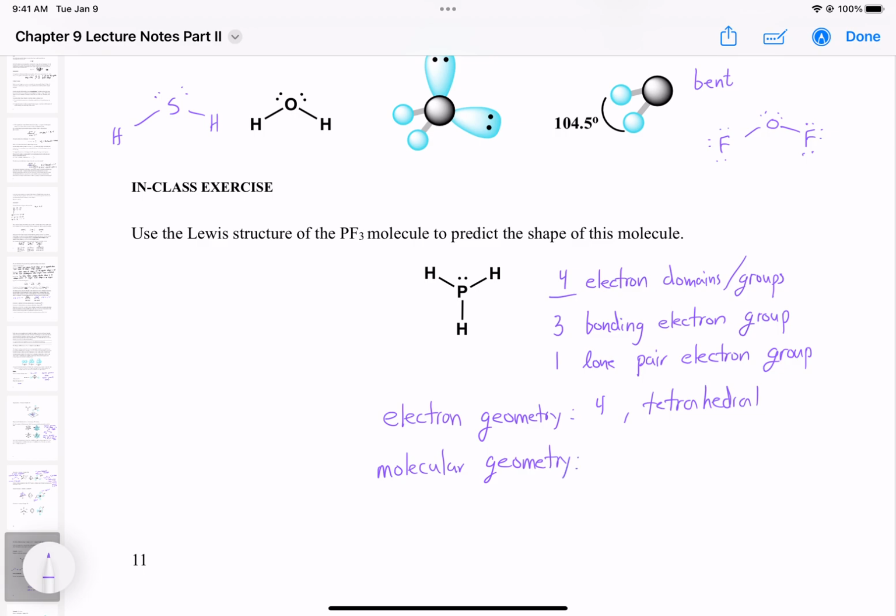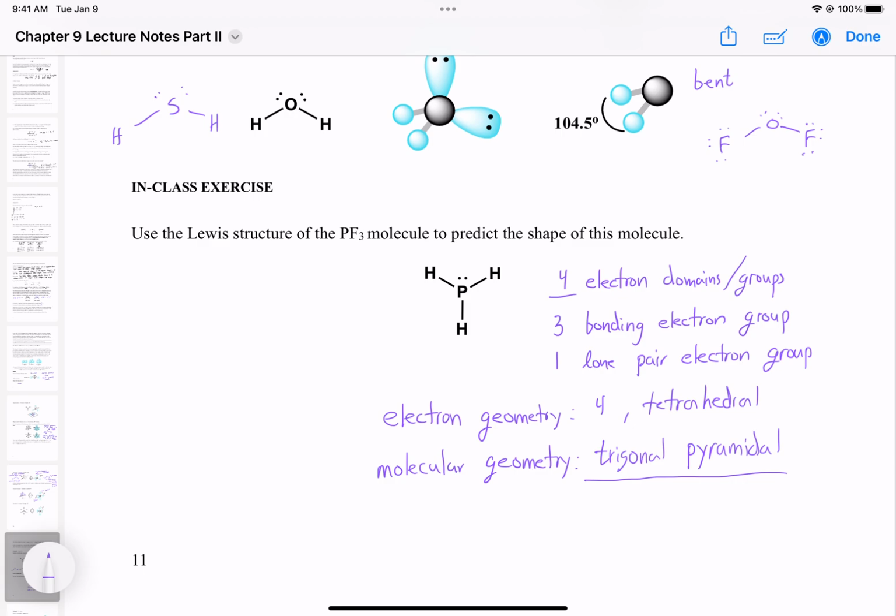Since we have 1 lone pair, that will take us to trigonal pyramid or trigonal pyramidal. So that's how we determine our structure here. So the shape of the molecule is going to be trigonal pyramidal. Okay? All right.